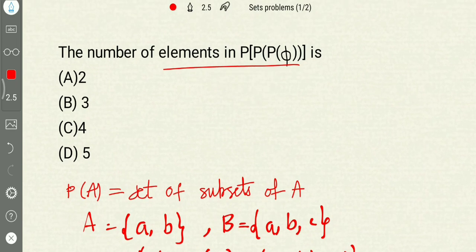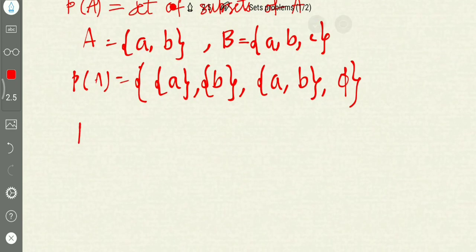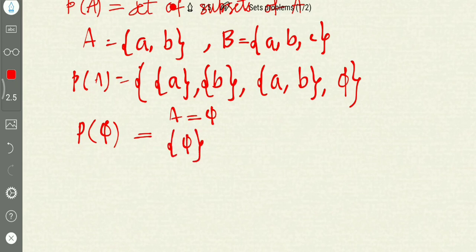Here, first let us see P of phi. Here A is equal to phi. Then P of phi will be the set of only phi. The next one is P of P of phi.